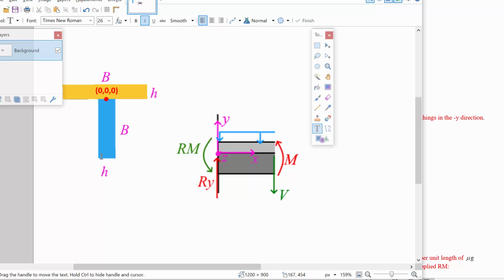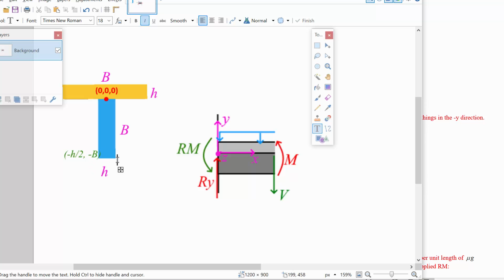This one down here is going to be at negative H over 2 in X and negative B in Y.